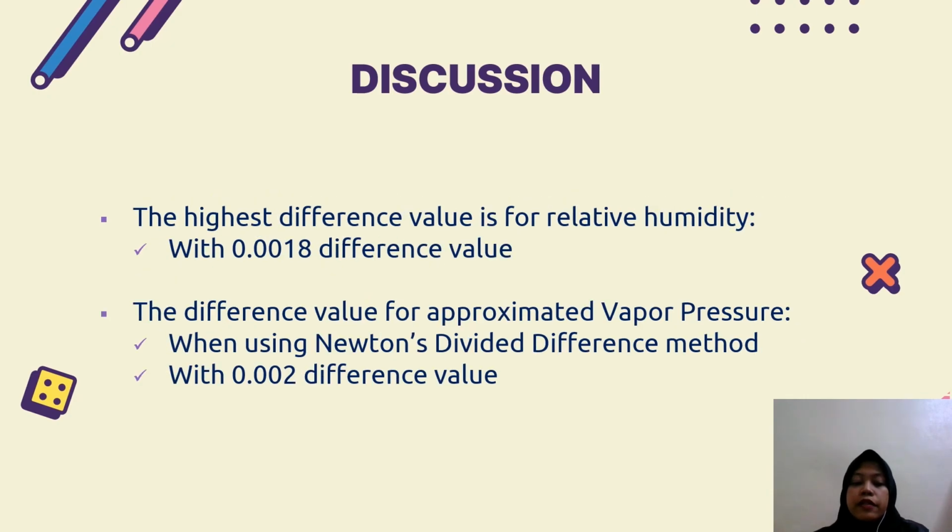The highest difference is at relative humidity with a 0.0018 value difference, and this may be due to the decimal places that we took for manual calculation not being the same as the pre-made software. The difference in value for approximate vapor pressure was when using Newton's divided difference method, with a 0.002 value difference.